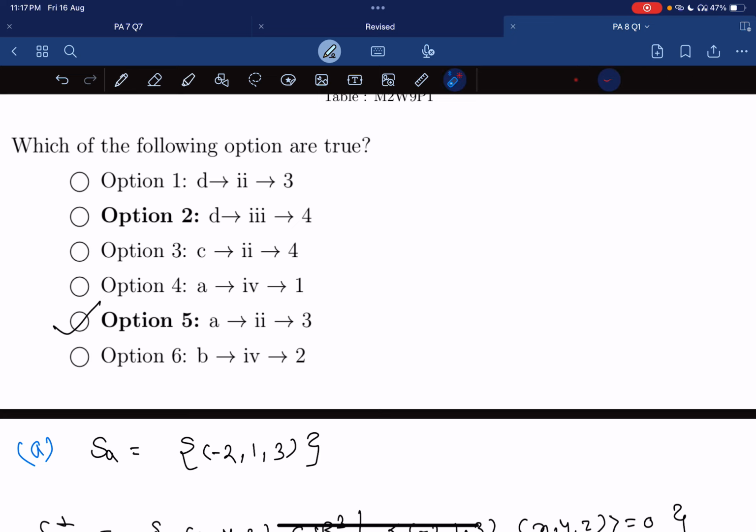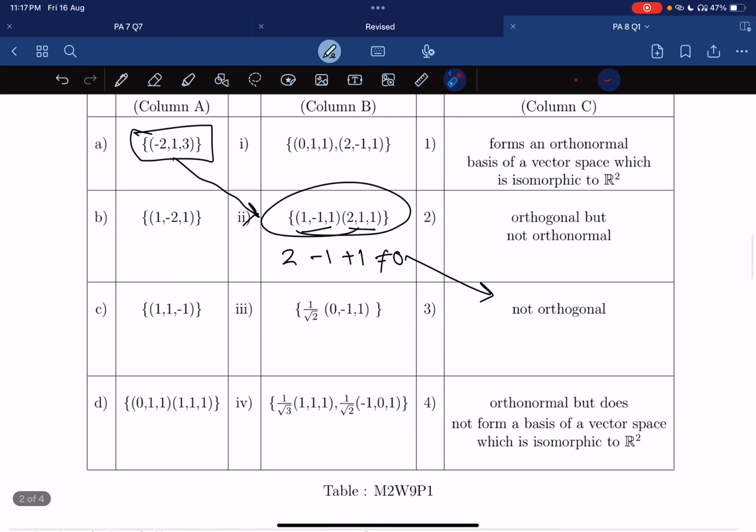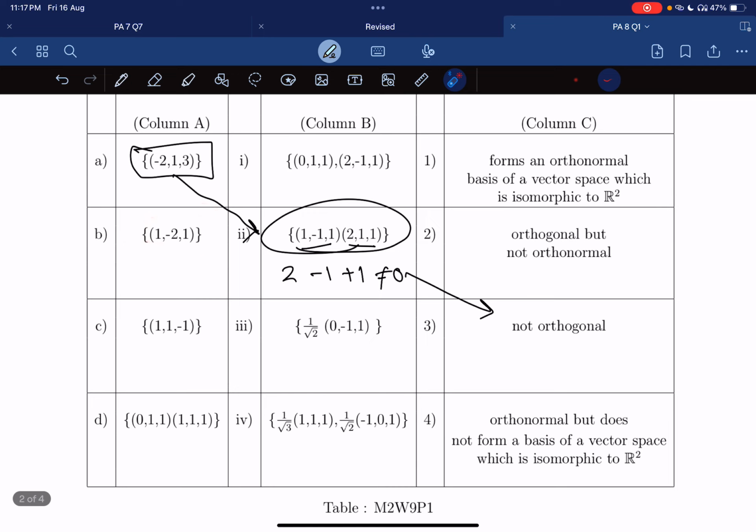Now for B, there's only one option which says B will match with the fourth option. If you look at the B vector, that means this vector is orthogonal complement for this set. So if we take the dot product of this vector 1, minus 2, 1 with 1, 1, 1, that would result in 1 minus 2 plus 1, and that is 0.